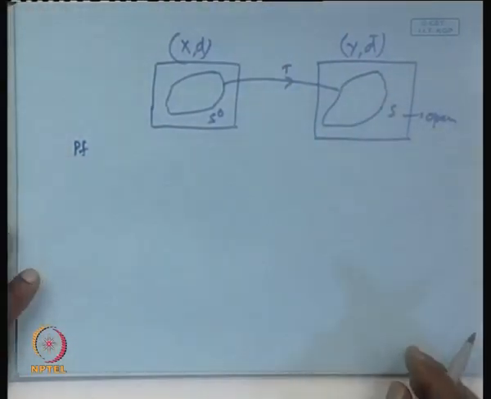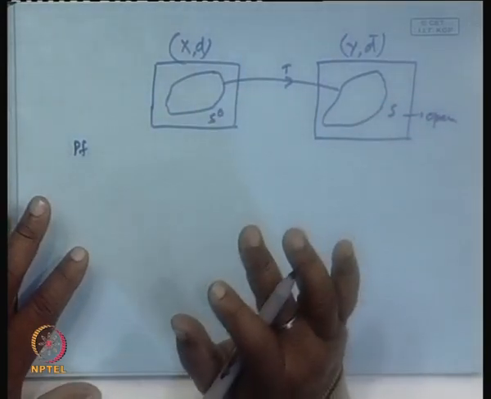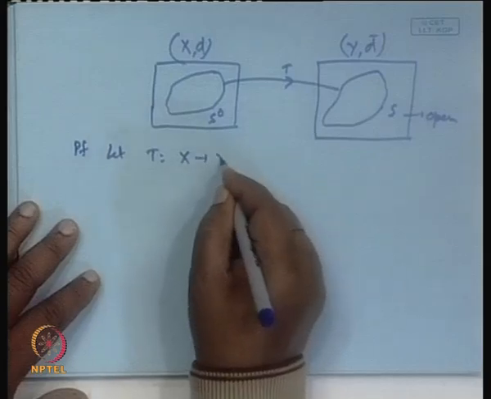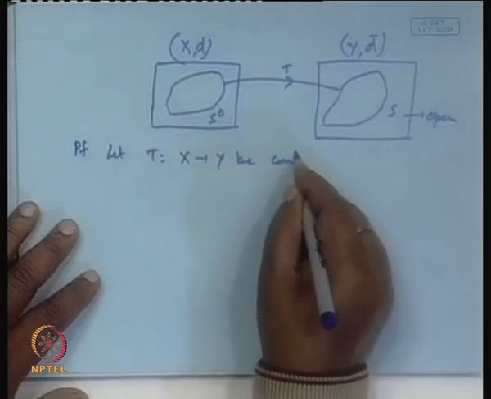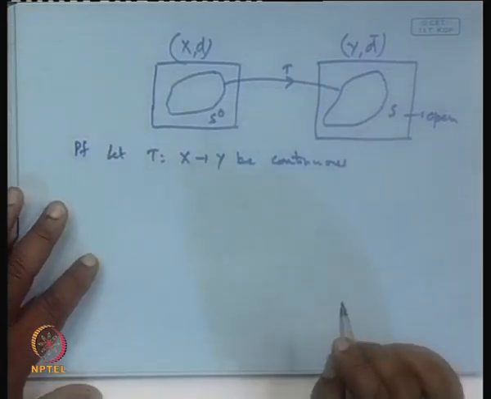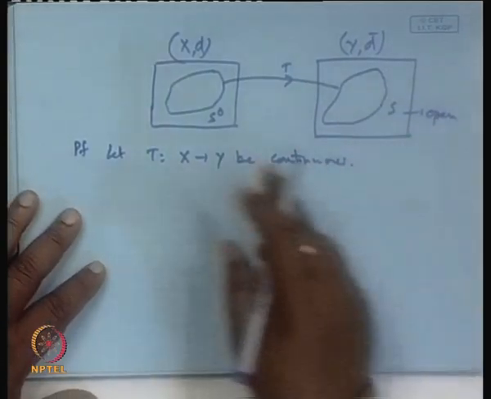Let us prove it by assuming first that T is continuous, and then we will show the inverse image of an open set is open. So, let T mapping from X to Y be a continuous function. Now, we want the inverse image of an open set to be open.